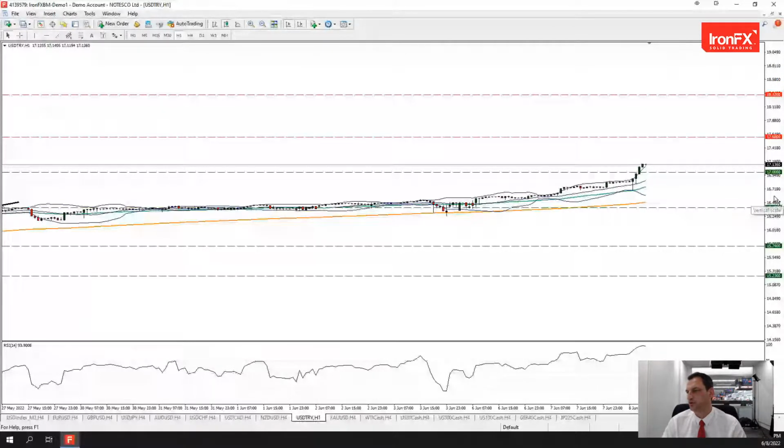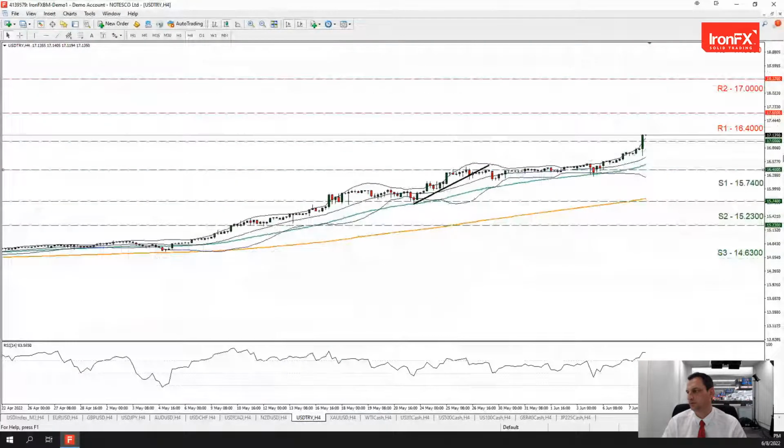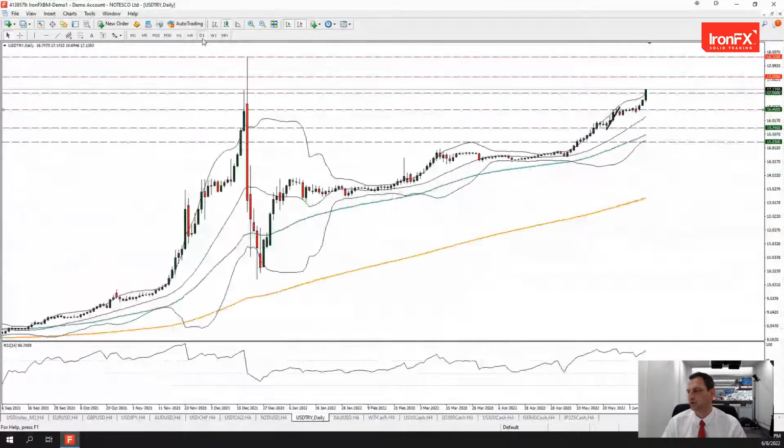Let me make some readjustments here. Let's have a look at the daily chart. That's better. Actually, I was a bit worried about the distance between the S1 and the R1, but given the movement during today's European session, definitely the pair could go higher.